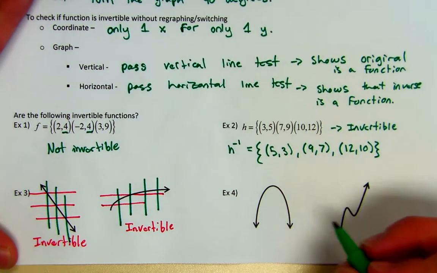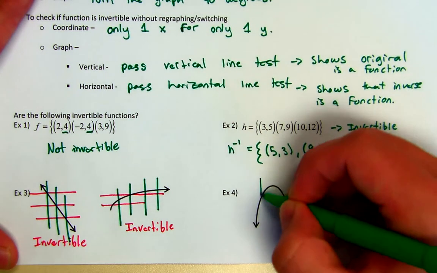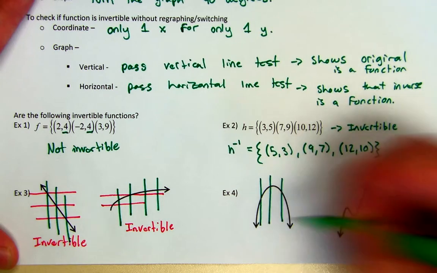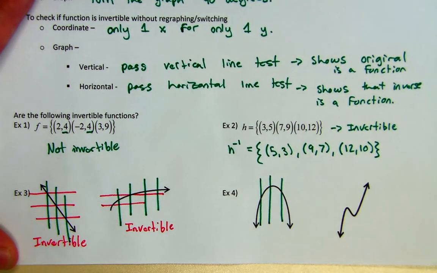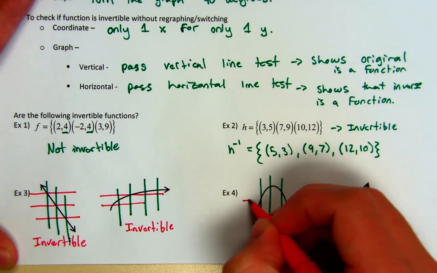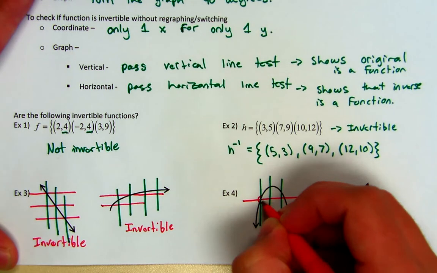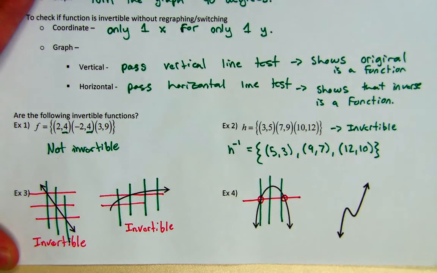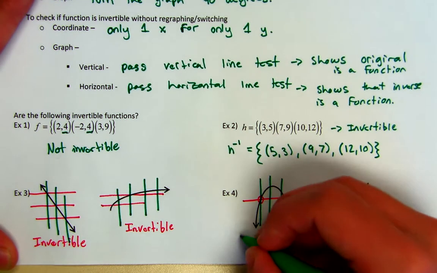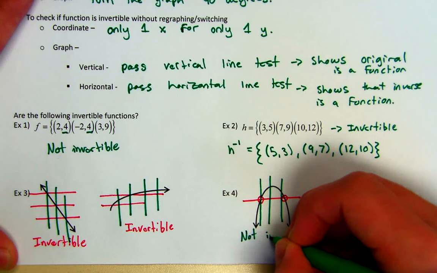Now let's look at example 4. Example 4 passes the vertical line test, but as soon as I put a horizontal line through it, it hits twice. I hit the graph here, and then I hit the graph here again. Therefore, this function is not invertible.